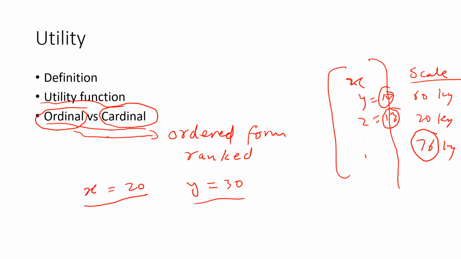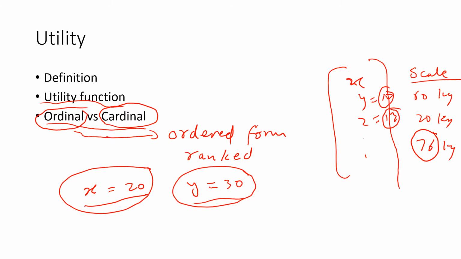Now, can you know who likes chicken more? Whether individual X gets more utility from the consumption of chicken, or individual Y? Mathematically, obviously, you see that Y gets 30 utilities and X gets 20, so Y must have more satisfaction than X. But this is not true. Why?